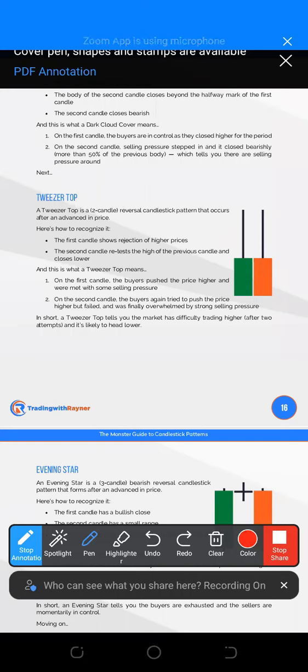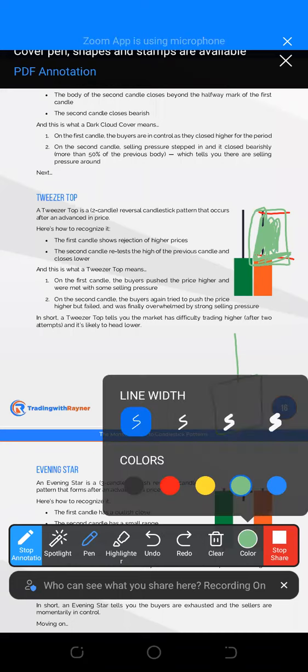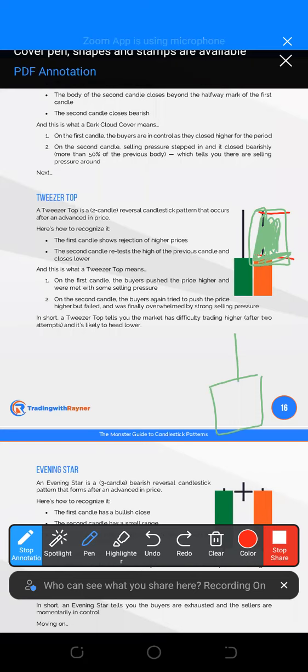What does that mean? This candle from here to here was a green body before. But later, the sellers pushed the market down to this level. That was why it became just a line. Then they kept pushing it further down, so they turned this side to red. That's why you have this shape.